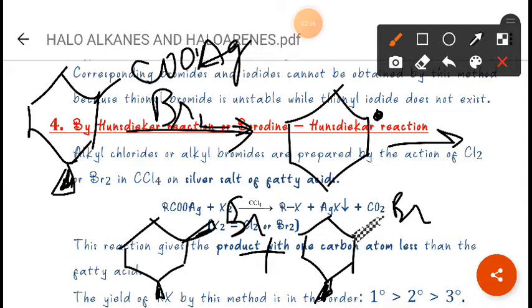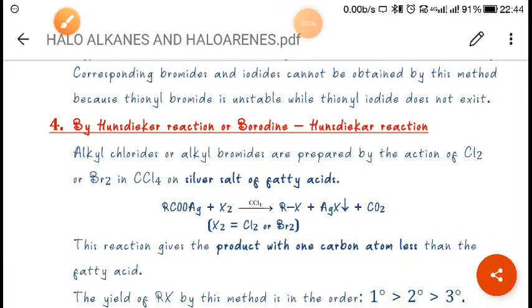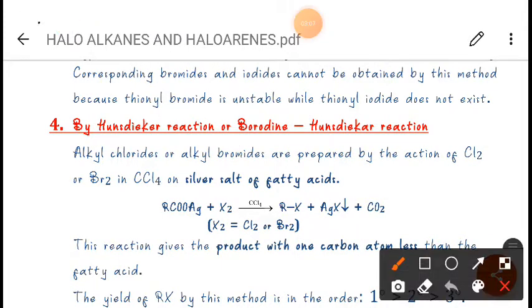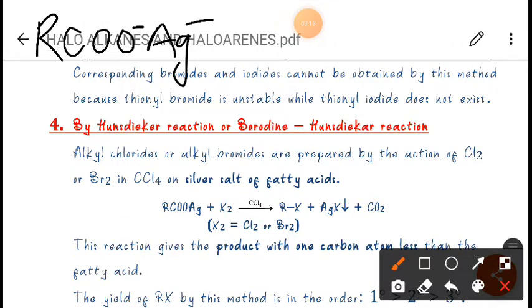So we will see the mechanism. When we talk about the mechanism of this Borodin-Hunsdiecker reaction, we can write it like this. Suppose we have RCOO minus Ag plus, plus Br2.